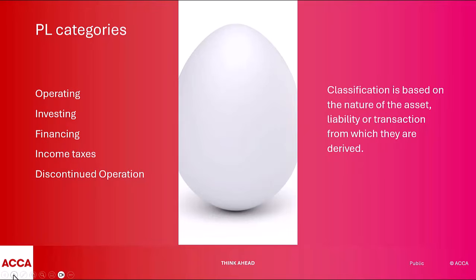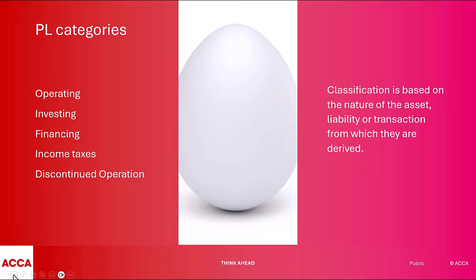If we're talking about the depreciation on an investment property, which can be the case if you have an investment property at cost, if that's the policy, then the depreciation would be in the investing section of the P&L. But if the depreciation was on PPE, PPE is an operating type asset, so the depreciation on the PPE would be in, I don't know, cost of sales, administration expenses in the operating section.